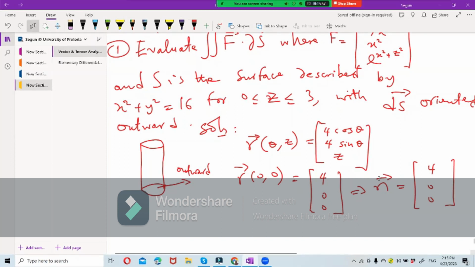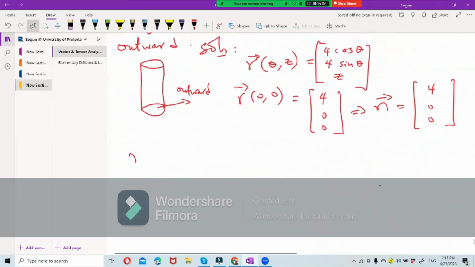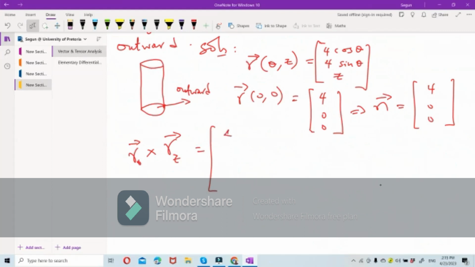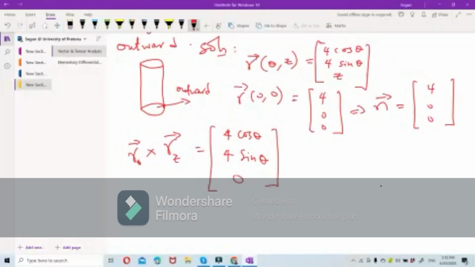Now, you agree at this point that r theta cross r z is the same thing as 4 cos theta, 4 sin theta, and this one will be 0. When you find the cross product of these two, this is what you will get based on the knowledge of the first example we did.